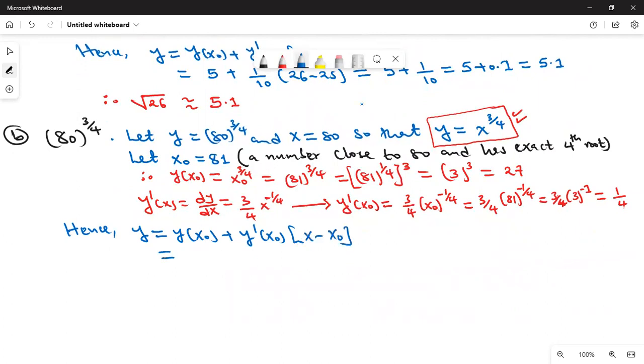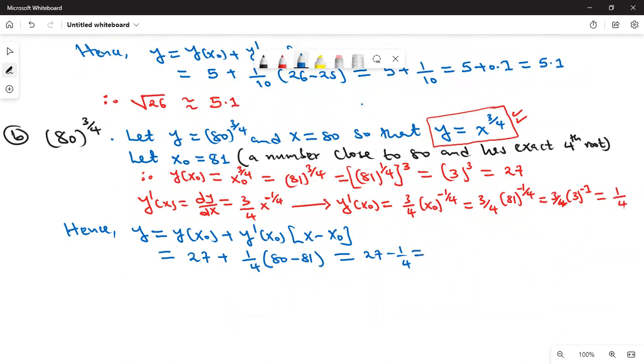And y at x naught, we have found it to be 27. Y prime at x naught, we have found 1 over 4. X is 80. X naught is 81.